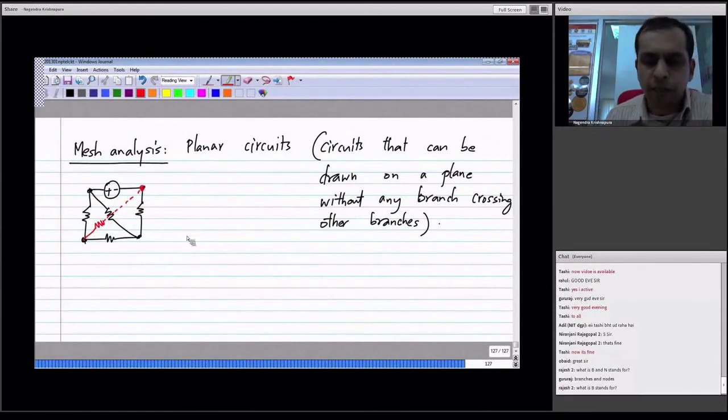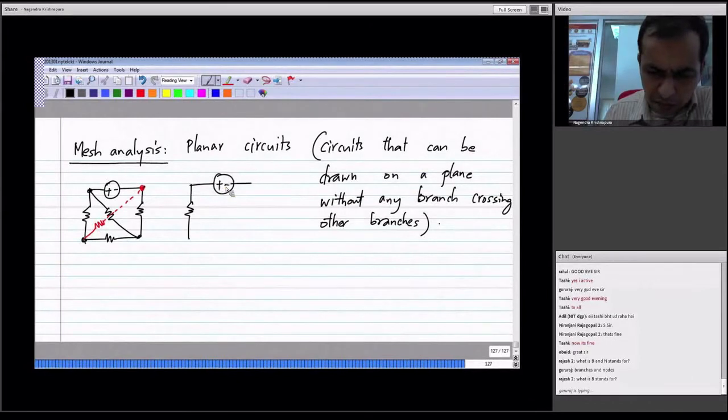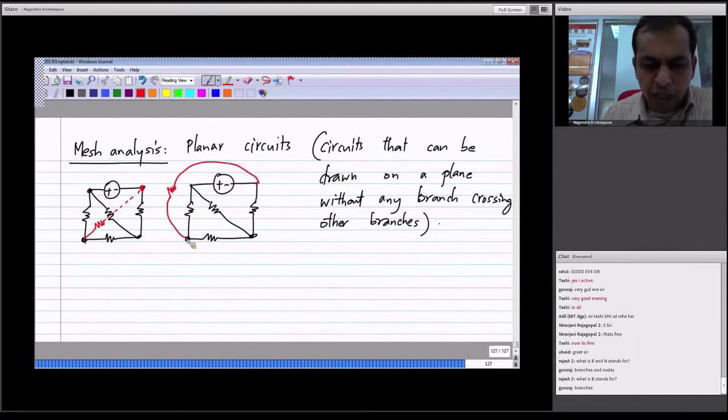Okay. Now we have to be a little careful. It's not how you draw the circuit, but how it can be drawn. Okay. Because if I redraw this, even with this red branch, it can be drawn on a plane without any branch crossing any other branch.